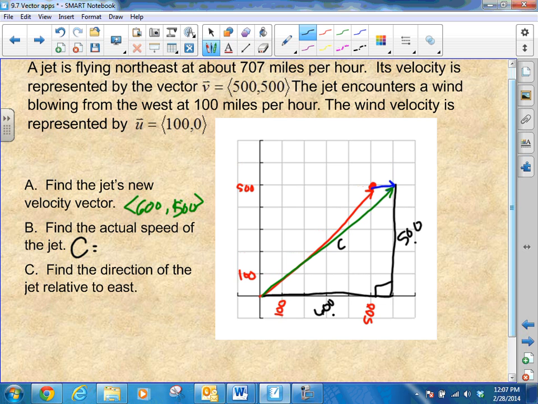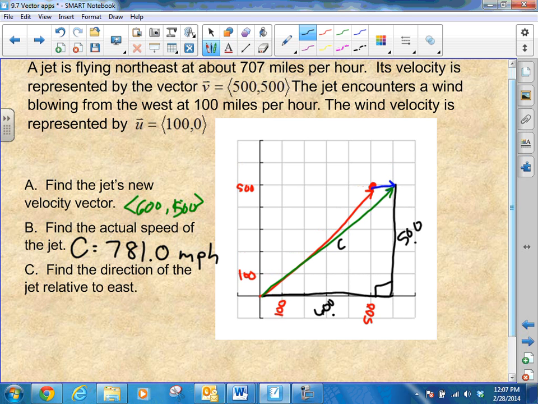Okay, now square root. 781.0. What is my unit there? Miles per hour. All right. So now we've figured out what the magnitude is, what the speed is. Please write this down.